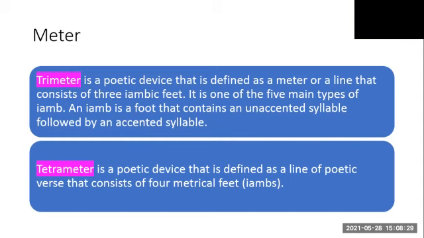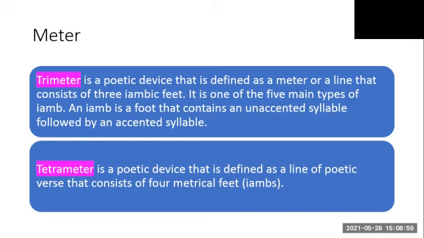And the trimeter is one of the 5 main types of iamb. The iamb has 5 main types. Trimeter is one of those. Of course, we always come across the iambic pentameter.